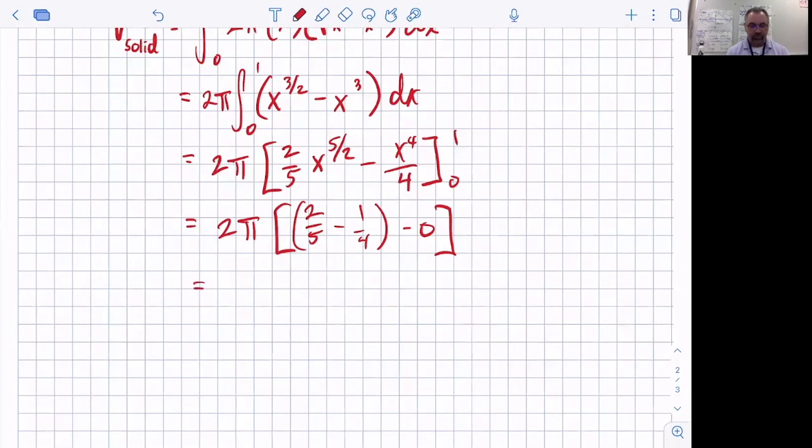Looks like we've got 8/20ths minus 5/20ths, so 3/20ths times 2 pi, or 3 pi over 10. And there we go. That would be the volume of that solid of revolution.